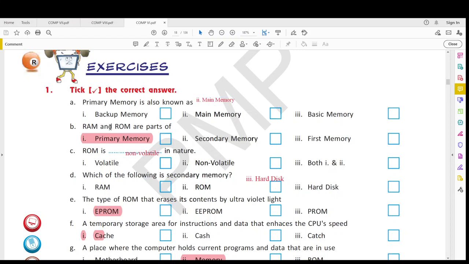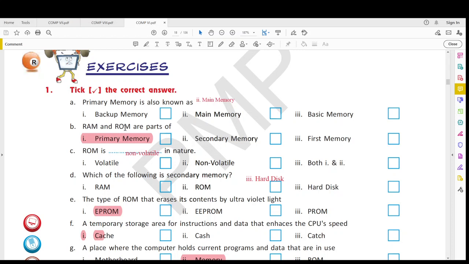Next, RAM and ROM are parts of primary memory, secondary memory, first memory. The right answer is primary memory. RAM and ROM are parts of the primary memory. RAM is a volatile primary memory.